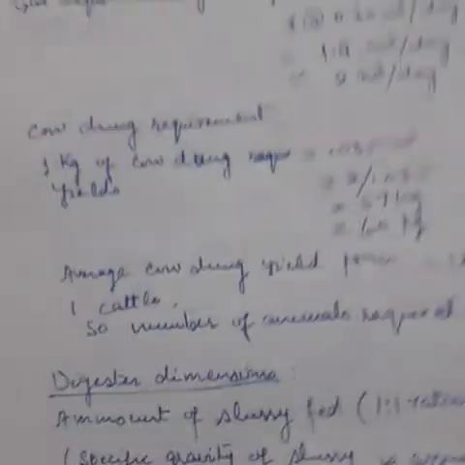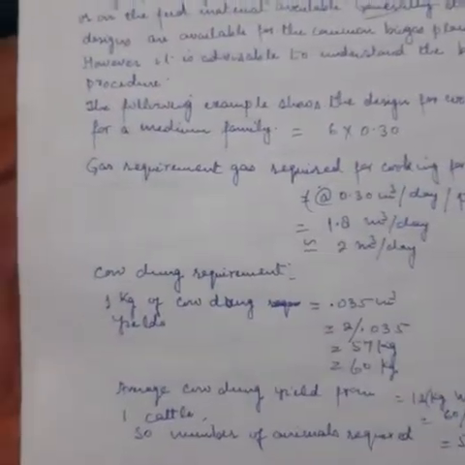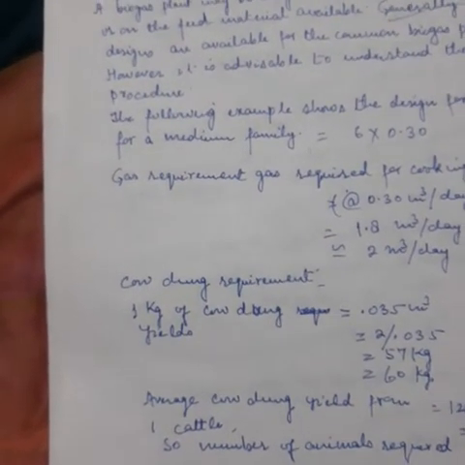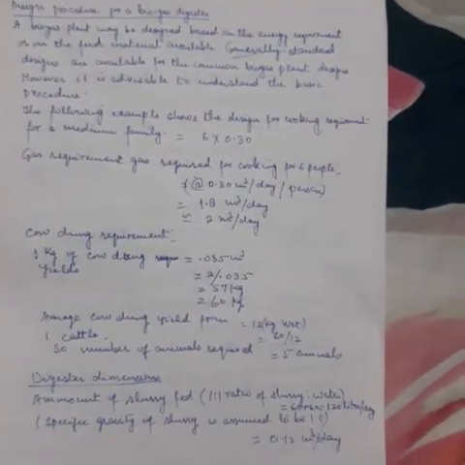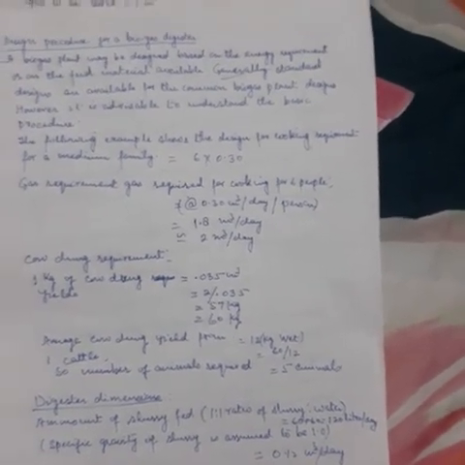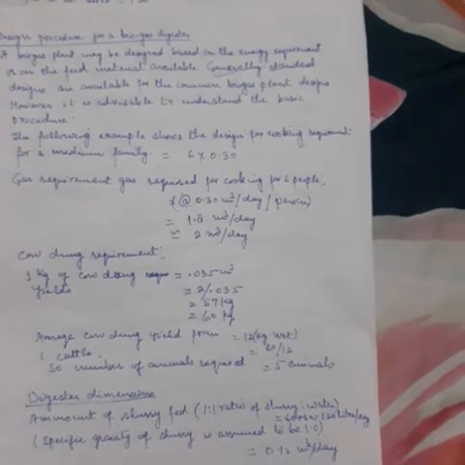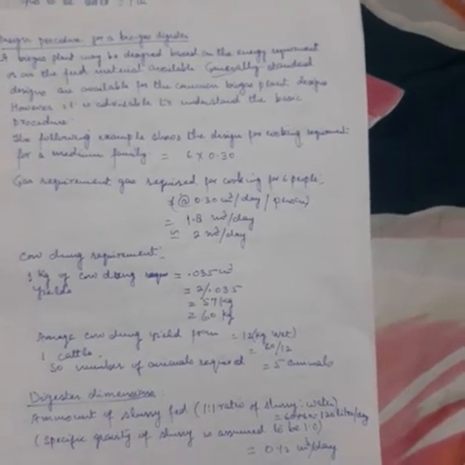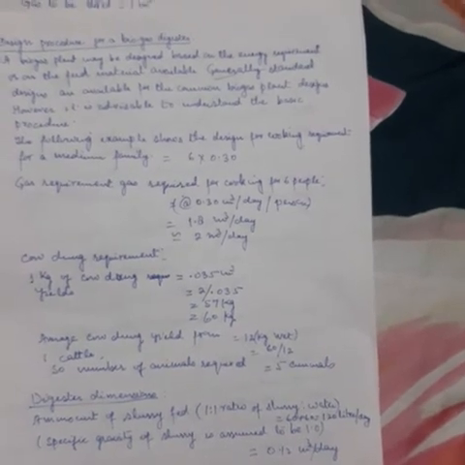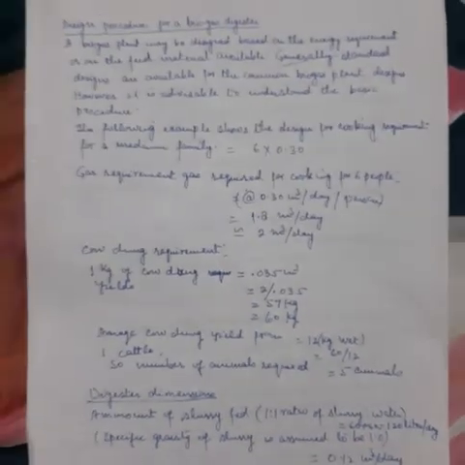So in this video we discussed the design procedure for a biogas digester and where the biogas is utilized. Mainly we first calculate how much quantity of biogas is obtained from the total quantity of fuel, such as cow dung in wet form, and after 35 day retention we obtain the biogas.